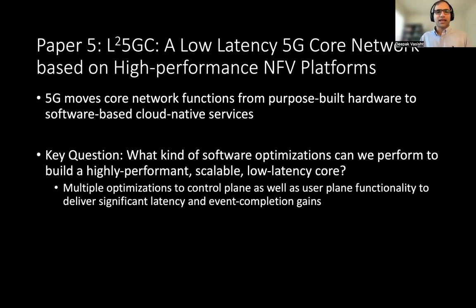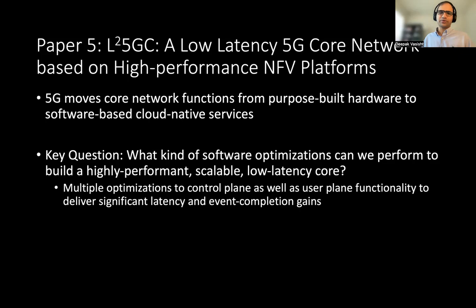And finally, the last paper in this session is L-Square 5 GC, or a low latency 5G core network based on high performance NFV platforms. So as I said, in 5G, the core network functionality is moving from purpose-built hardware to software-based cloud-native services.